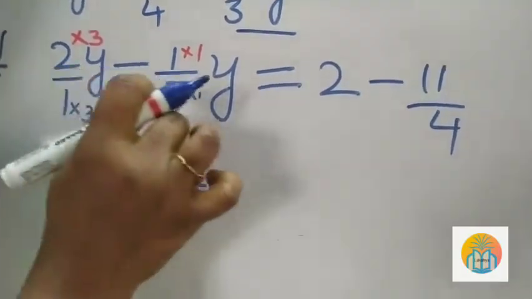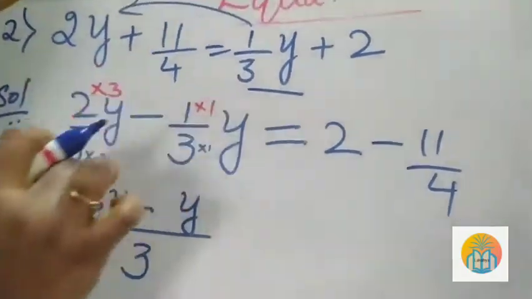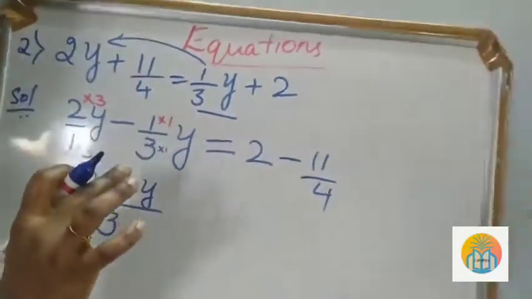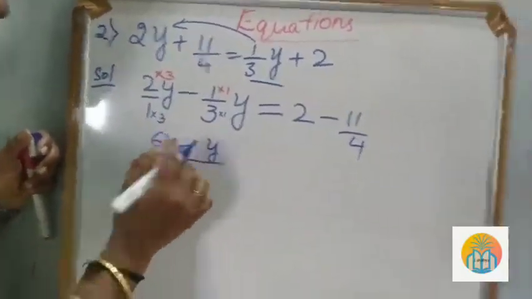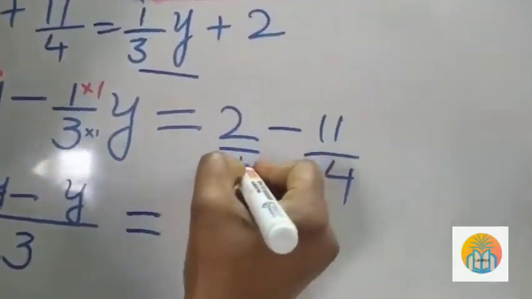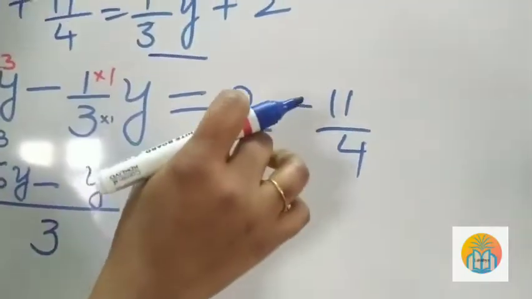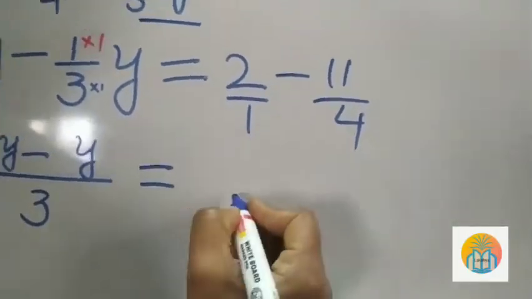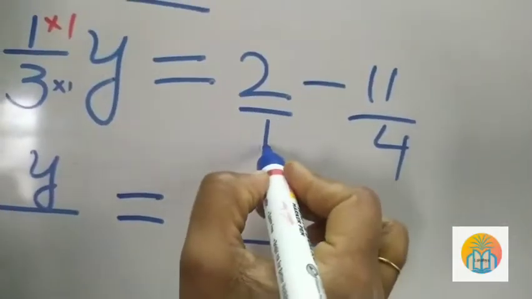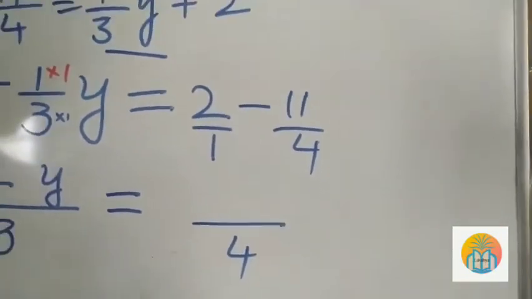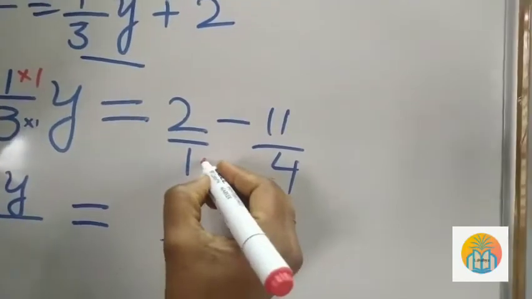The purpose of taking the LCM is to make the denominators the same so that we can subtract or add the fractions. Now we have it here. Here also there is no number, which means the denominator is 1. You have to take it as 1. The LCM between 1 and 4 is 4. How do I get 4 from 1? By multiplying by 4.